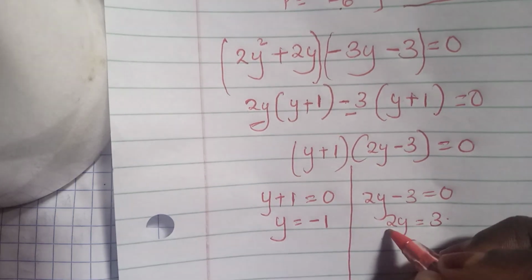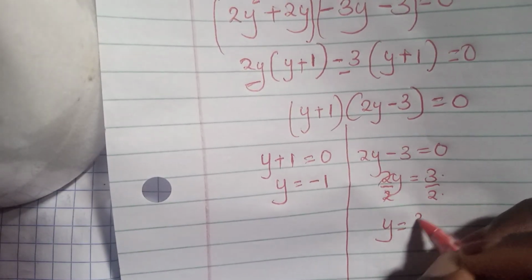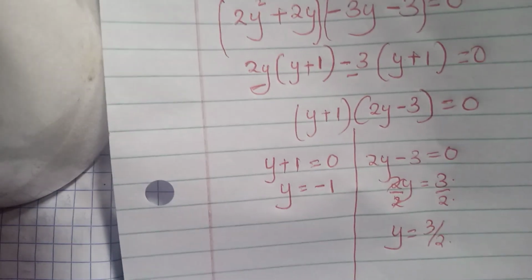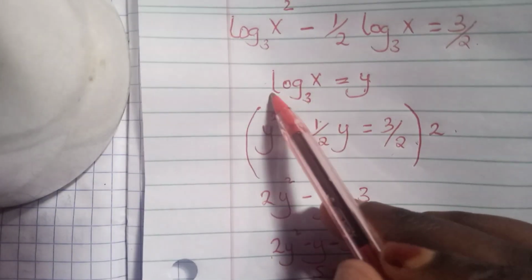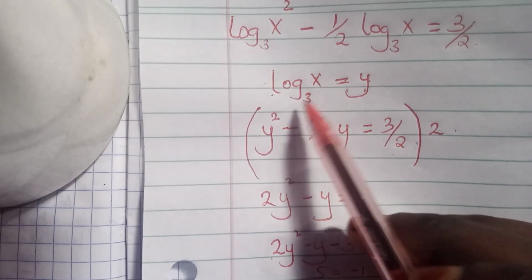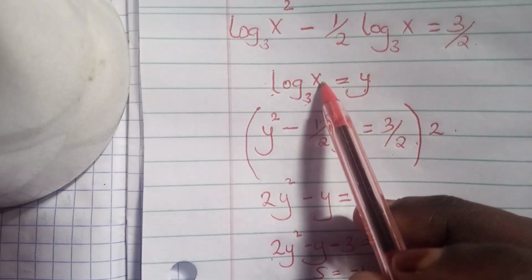To remain with y, we shall divide by 2 on both sides. So this will cancel. y is equal to 3 over 2. Remember, we had said earlier on, let log x to the base of 3 is equal to y. We now have the value of y. We can now solve for the value of x.